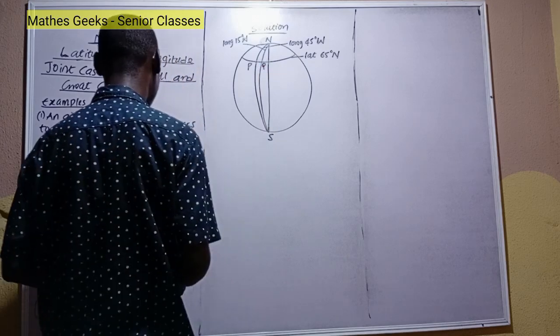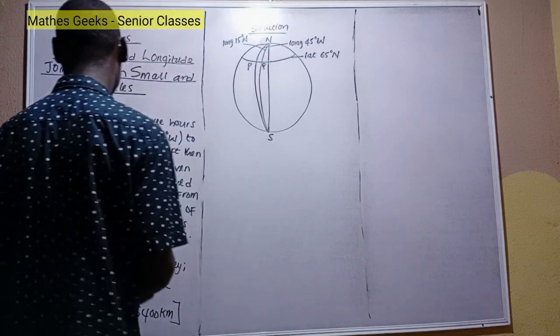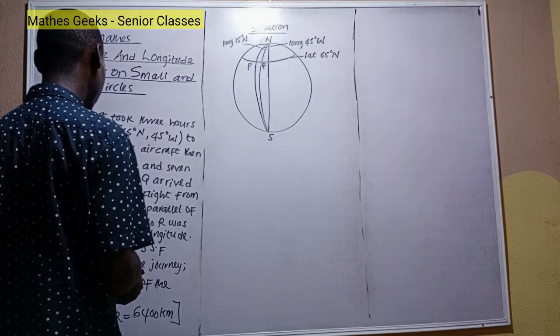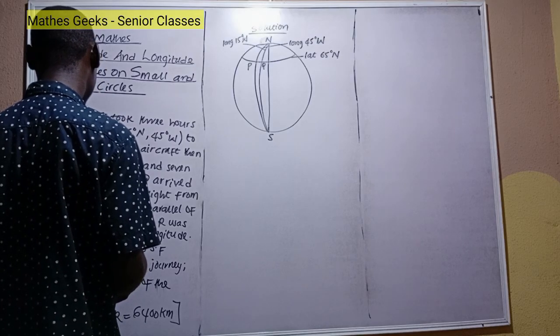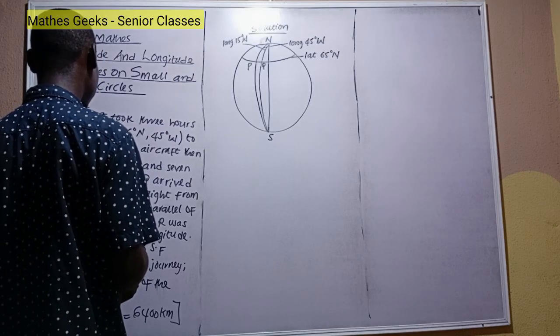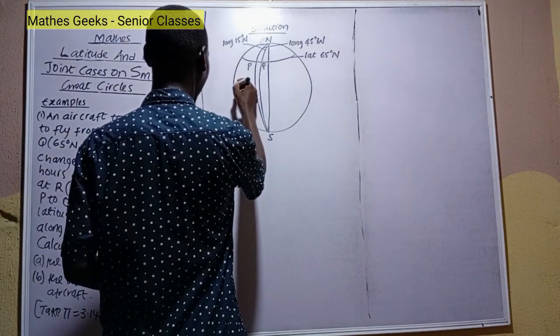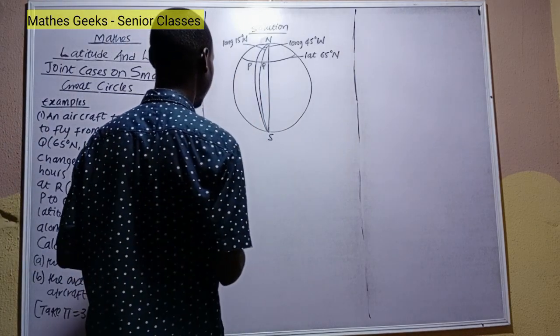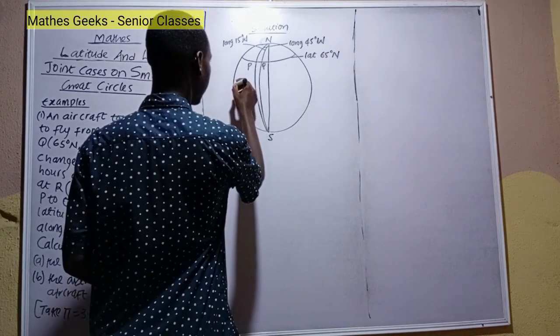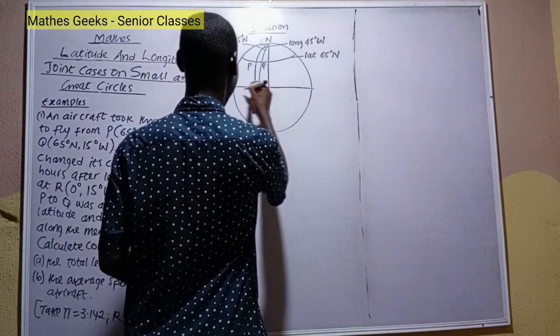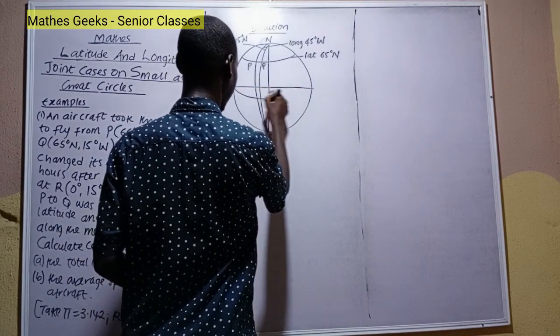And then the aircraft changed its course, and 7 hours after leaving Q arrives at R, 0 degrees, 15 degrees west. 0 degrees is the equator. This is the equator.